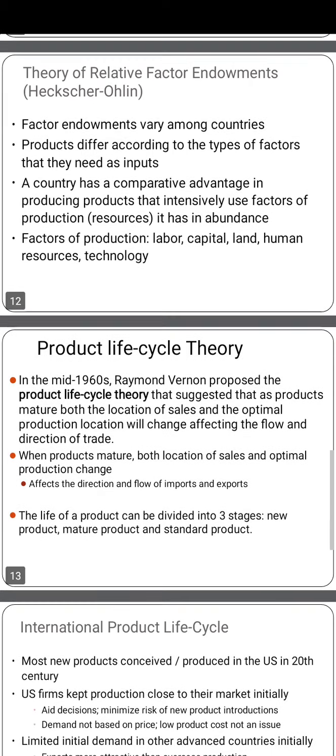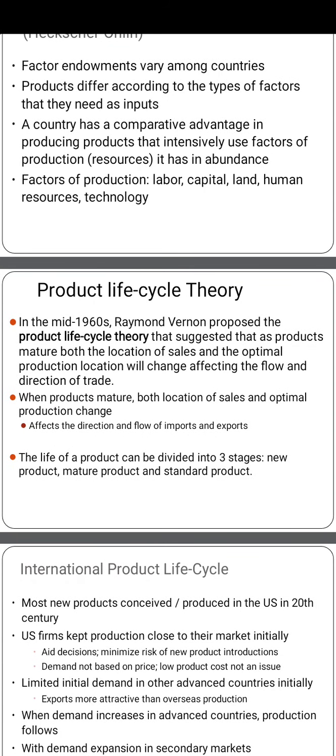Now comes another theory, the product life cycle theory. In the mid 1960s, Raymond Vernon proposed the product life cycle theory, which suggested that as products mature, both the location of sales and the optimal production location will change, affecting the flow and direction of trade.